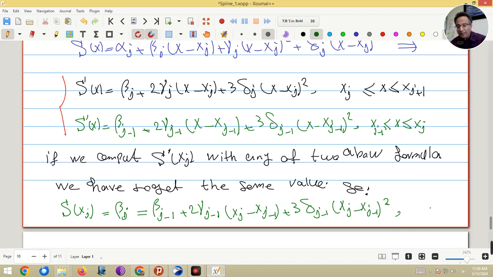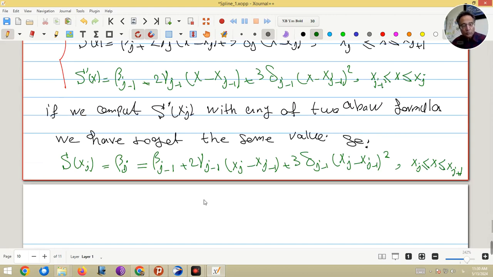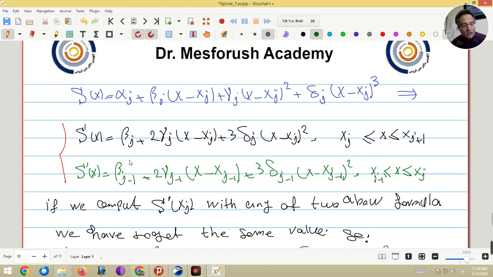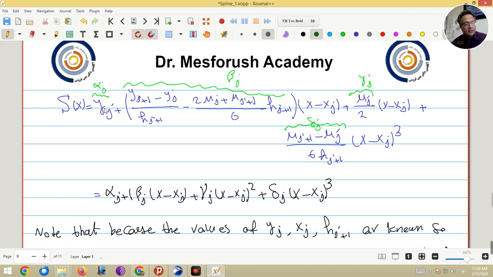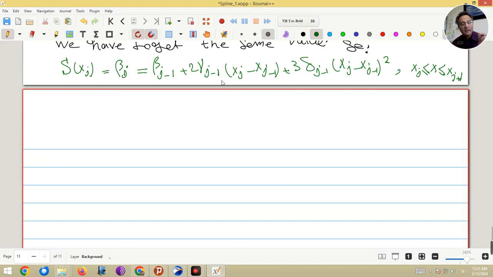Okay, and this will be true for all x between xj and xj plus 1. Okay, now if you put instead of beta j the values that I mentioned here, the value for beta j is this one. Let me put instead of beta j this one, instead of gamma j this one, and instead of delta j this one in this equation.